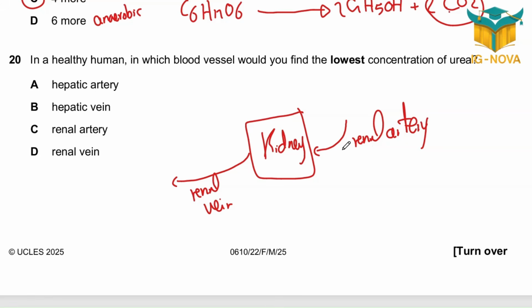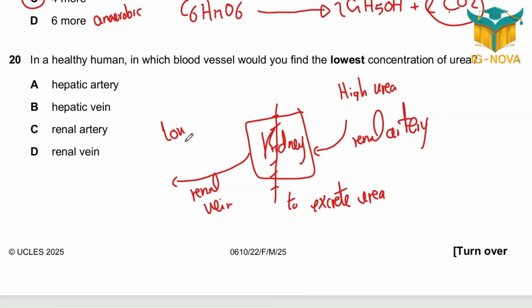So here most of urea are going in, so this is a filter, kidney, to excrete urea. So in this level we have high urea, and this level we have low urea. So lowest concentration of urea will be renal vein.